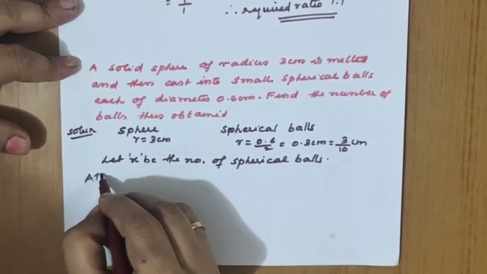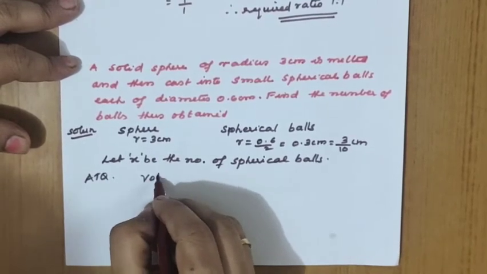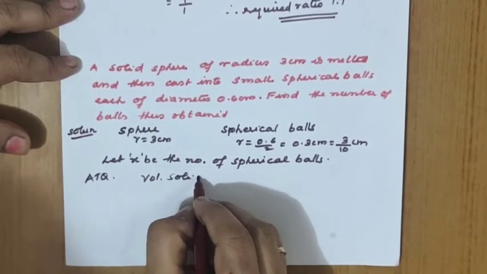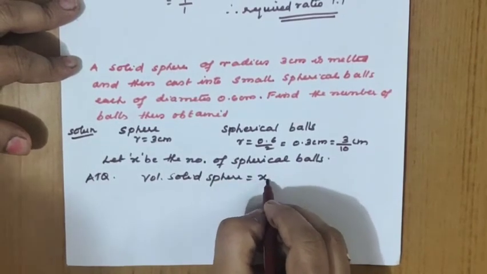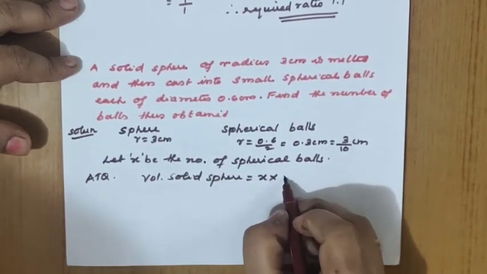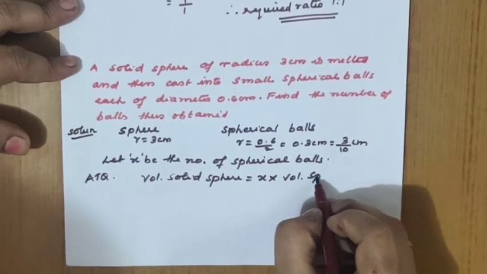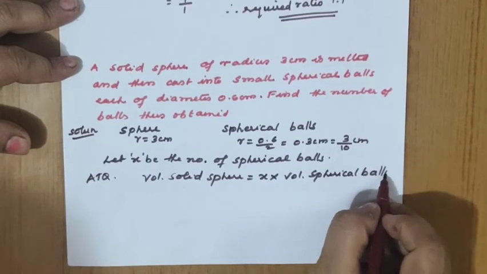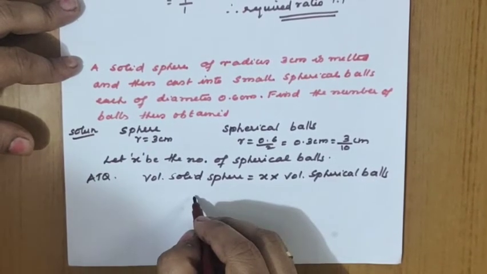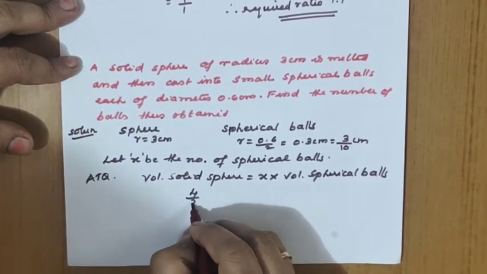So according to the question, volume of the solid sphere equals x into the volume of the spherical balls. What is the volume of the solid sphere? 4 by 3 pi R cube.